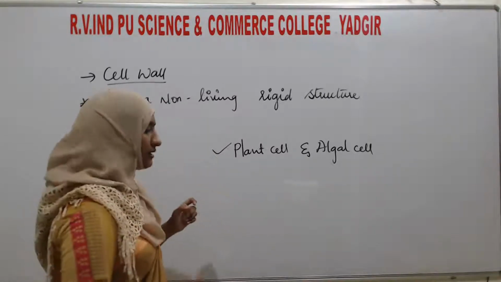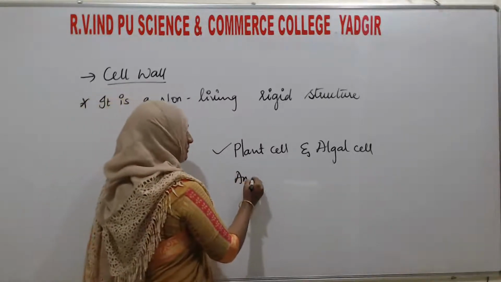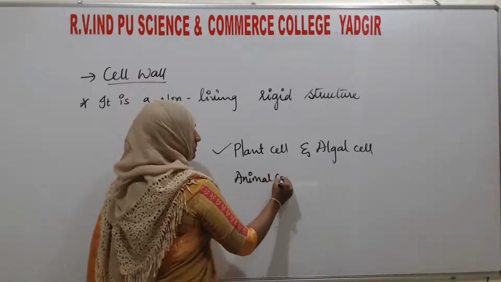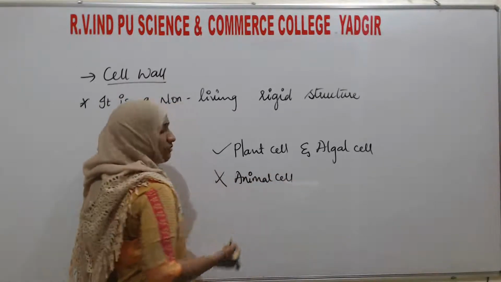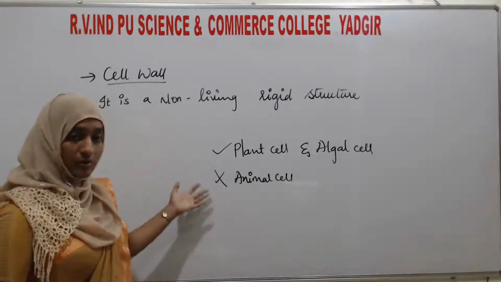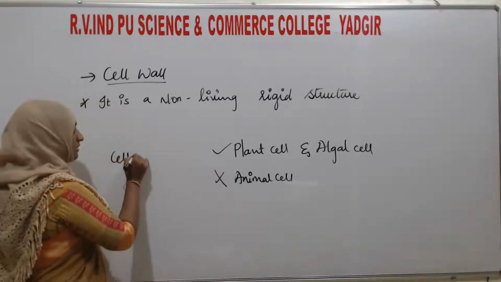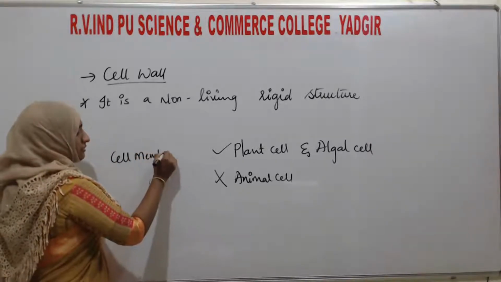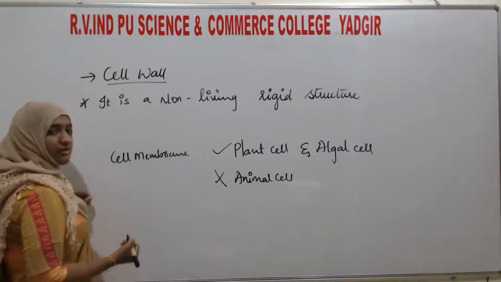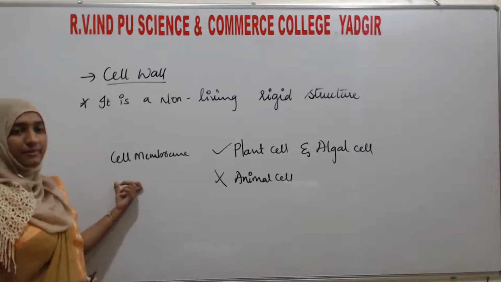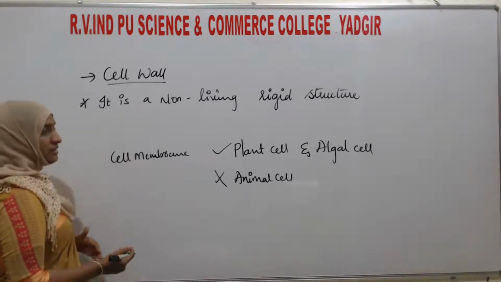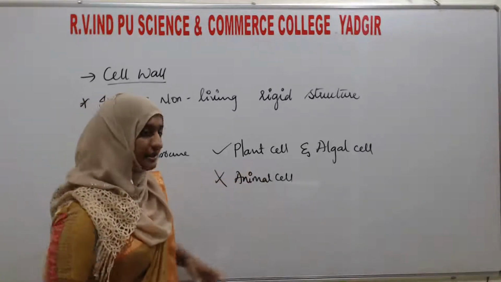In the animal cell, the cell wall is absent, but in all living organisms, you will find the cell membrane.